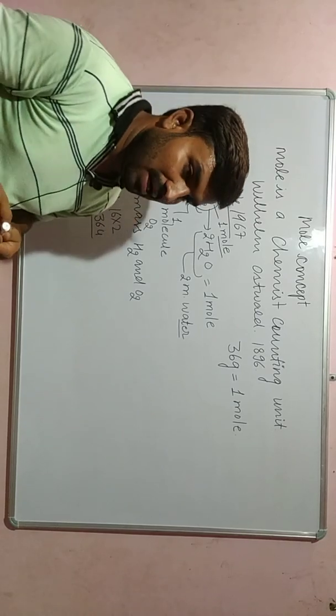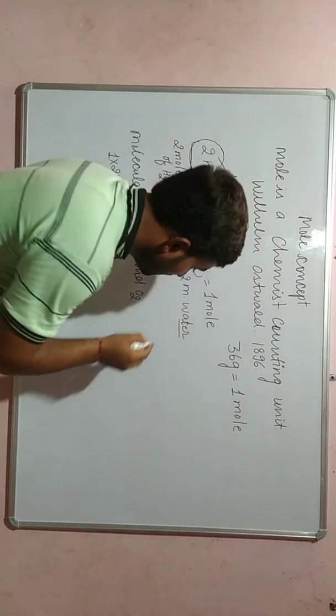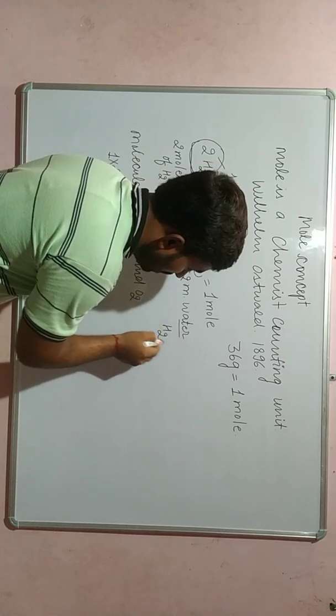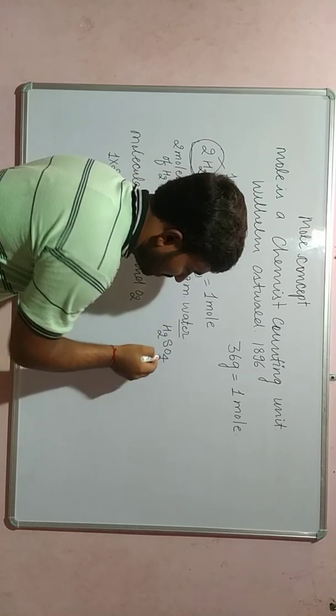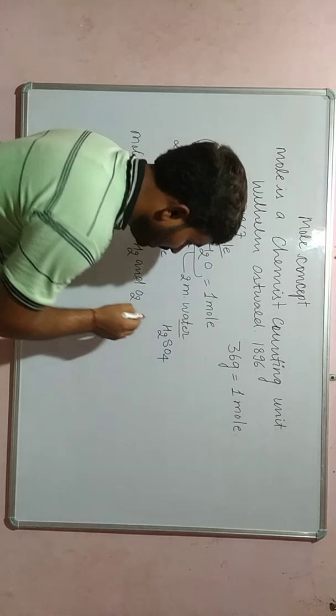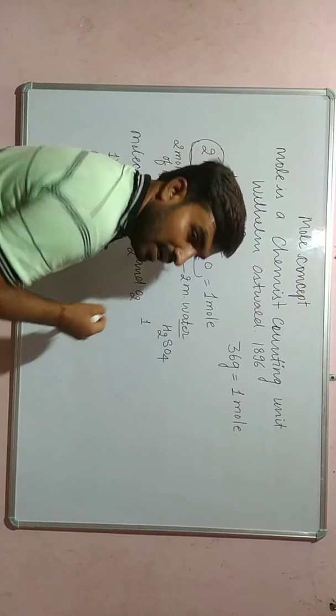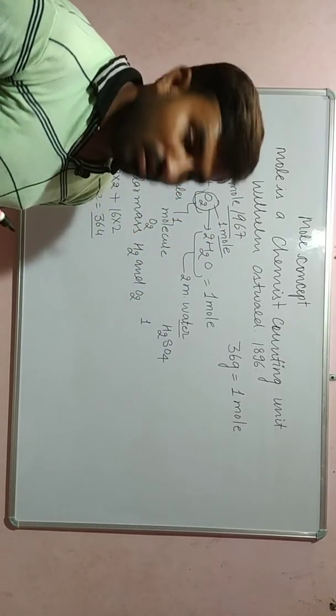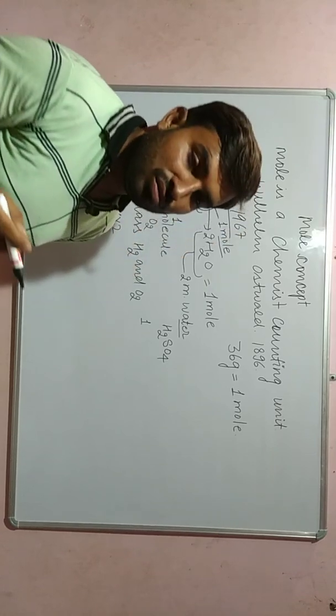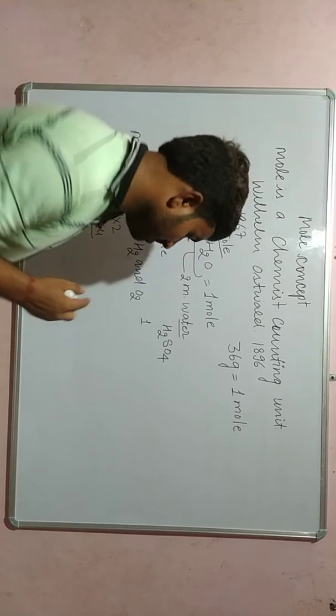Let's find the mass of another compound. For example, we have H2SO4, that is sulfuric acid. Atomic mass of hydrogen is 1 because hydrogen does not have any neutrons.